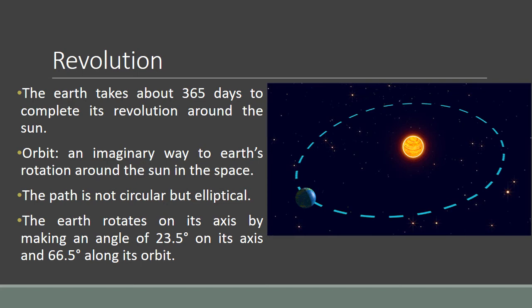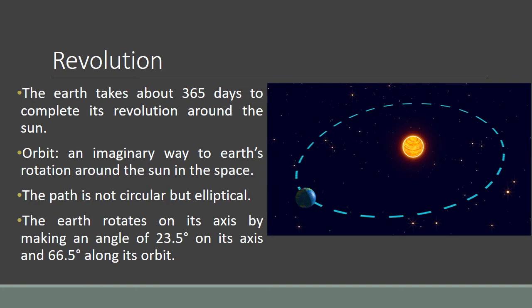The earth rotates on its axis by making an angle of 23.5 degrees on its axis and 66.5 degrees along its orbit. If you keep in mind these degrees, 23.5 degrees, as we have studied earlier, is the measurement of one of the major latitudes, the Tropic of Cancer and Tropic of Capricorn.